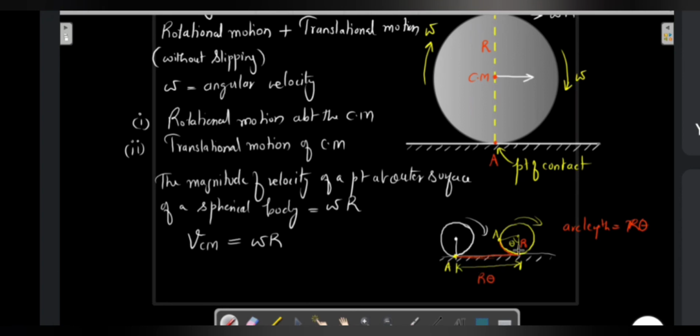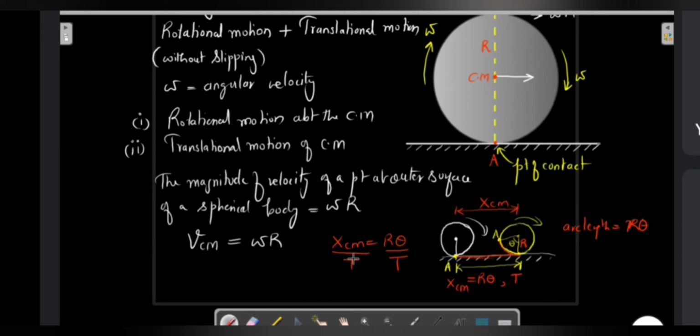So supposing this distance is covered in some time t. Now this distance covered is r multiplied by theta. Let us say this distance is x cm, that is the distance covered by the center of mass. Obviously the center of mass has traveled a translational distance equal to this much, x cm. So this x cm is equal to r into theta. On both sides I will divide by the time it takes to travel that much distance.